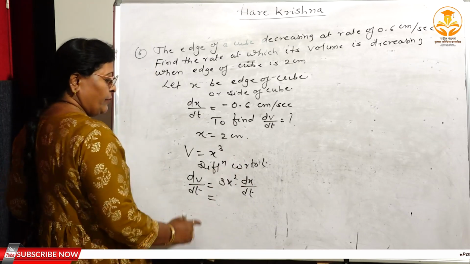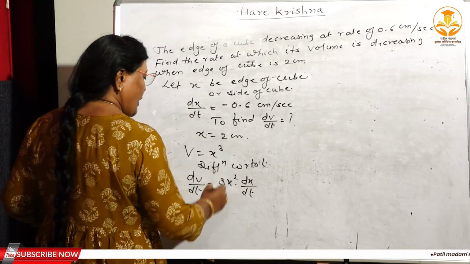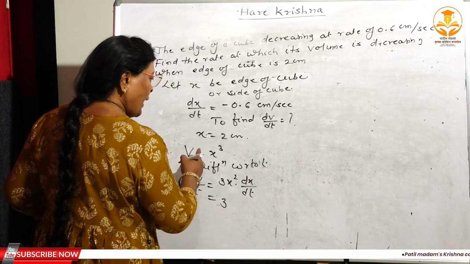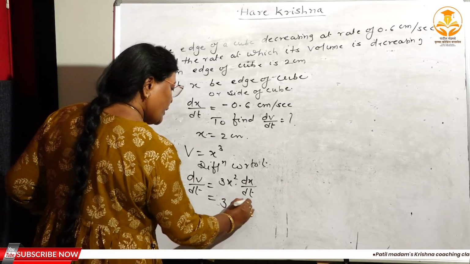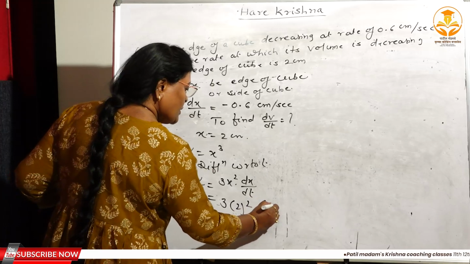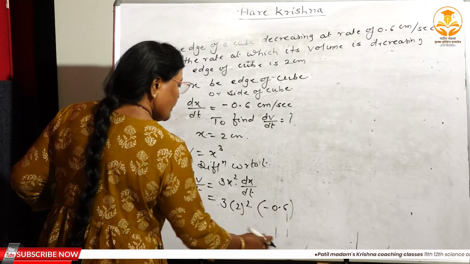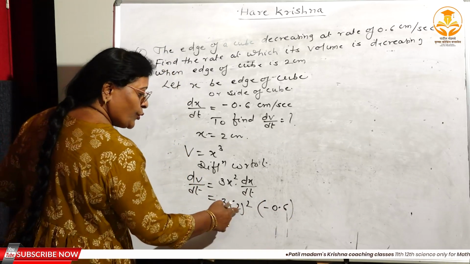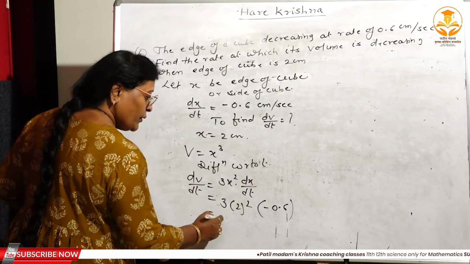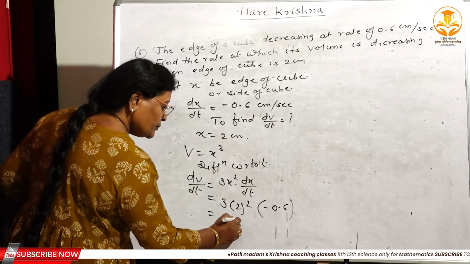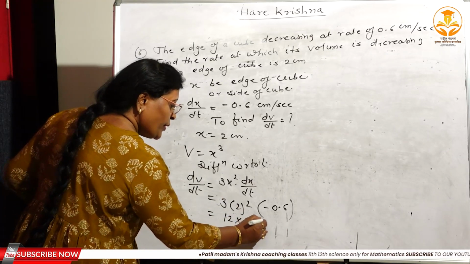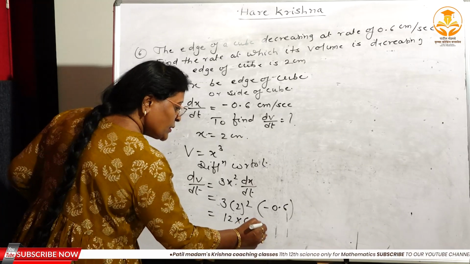Now again, very simple. Here 3, x they have given as 2 square, and again they have given minus 0.6 for dx by dt, isn't it? So this is 4 threes are 12, 12 into minus 0.6.